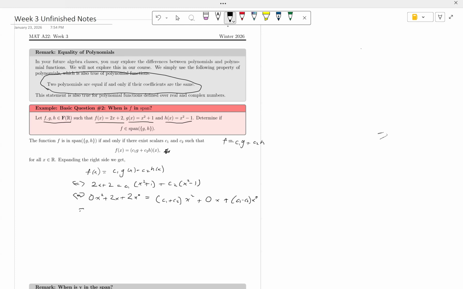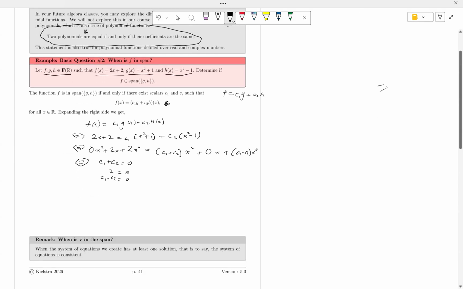Now this is true if and only if, and here I'm using the relationship that we defined here, c1 plus c2 equals 0, 2 equals 0, c1 minus c2 equals 2.